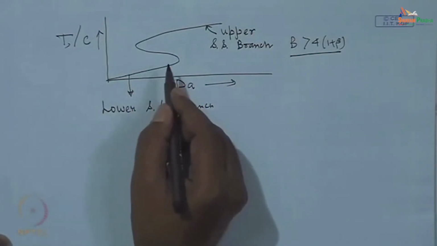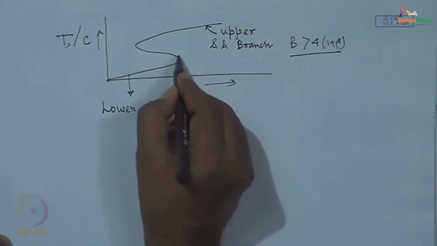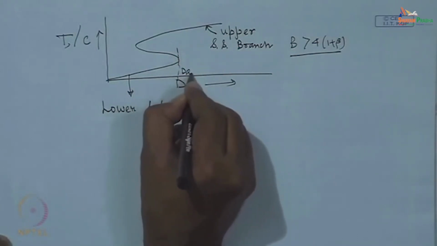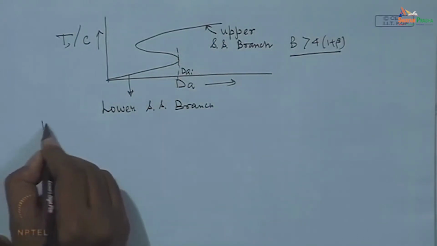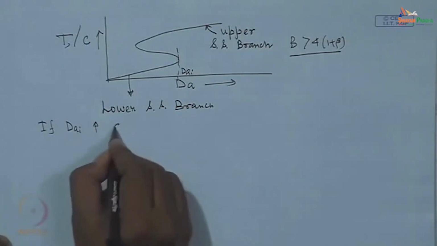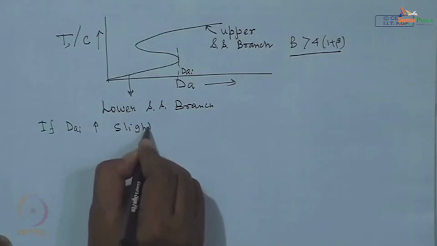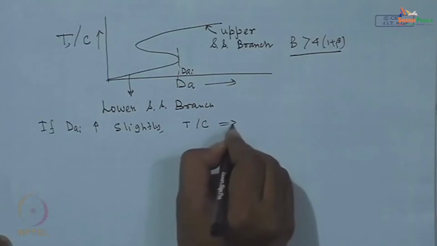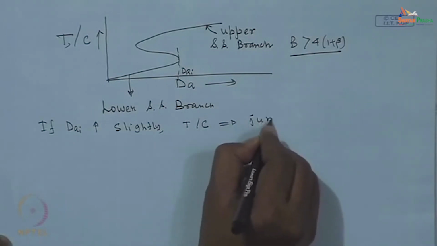Now suppose this is Da i. If Da i increases slightly, both T and C jump to the upper steady state branch.